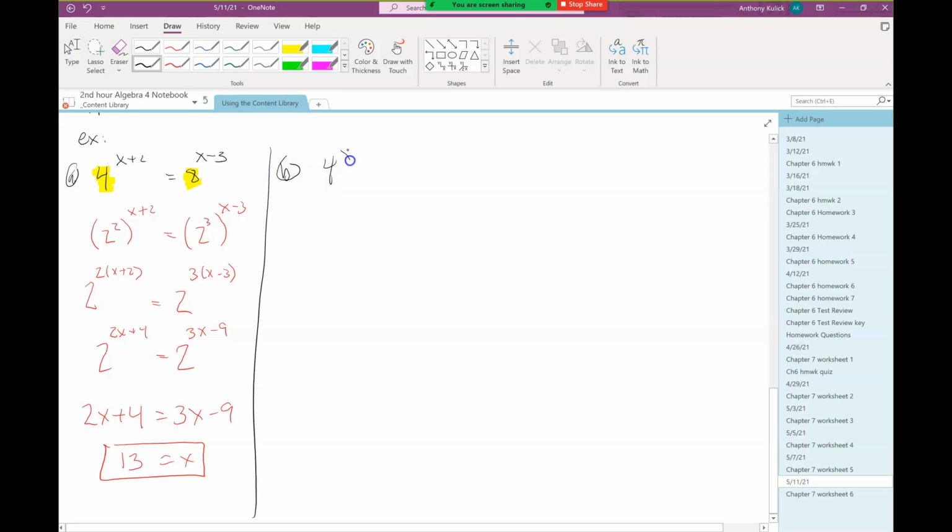So what if we have the same problem, except we have 2 numbers that it's not trivially easy to rewrite so that they have the same exponent base? Right? 4 and 6 are not both powers of the same number easily, right? 4 is 2 times 2, but 6 is 2 times 3.